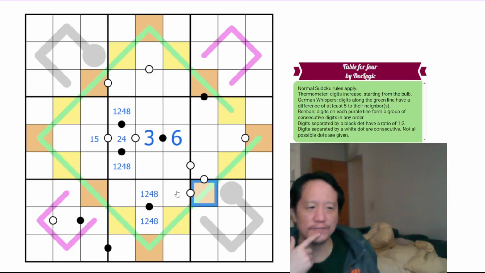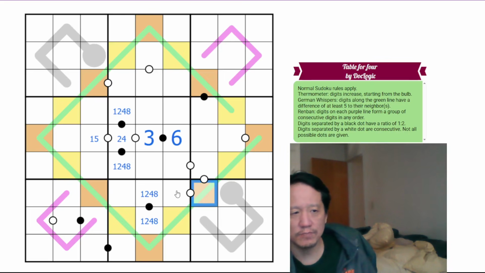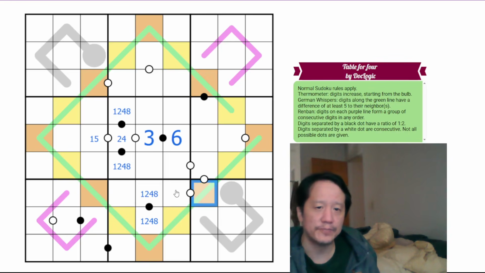If you have a low digit, what digits can it be consecutive with? It can only be consecutive with another low digit or 5, right? So this has to be orange or pink.